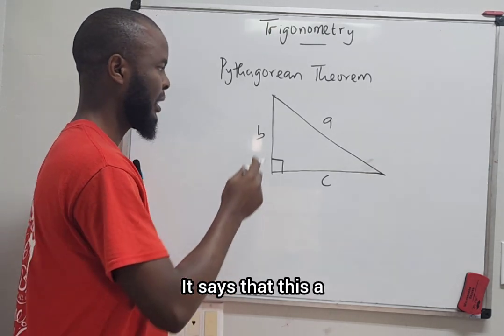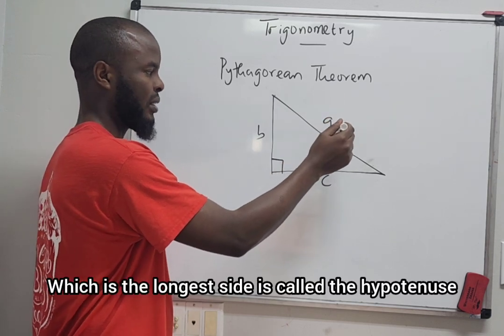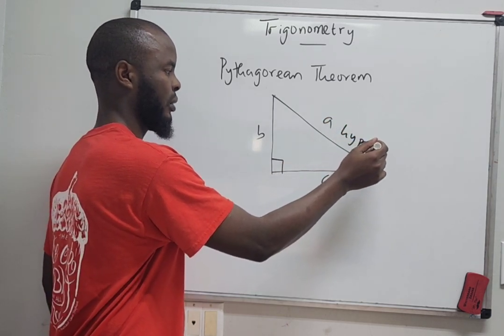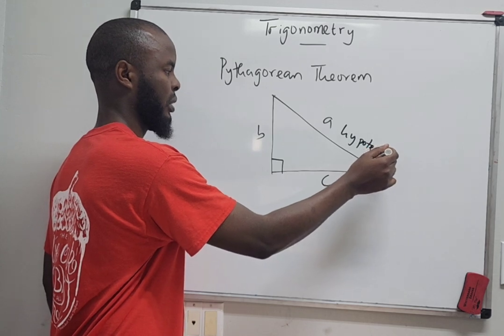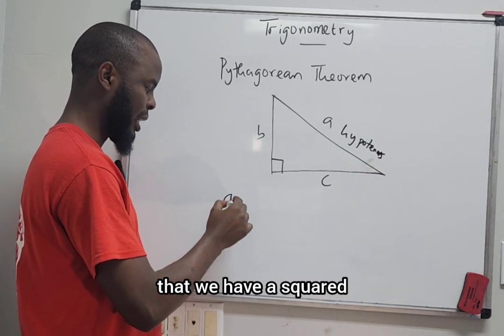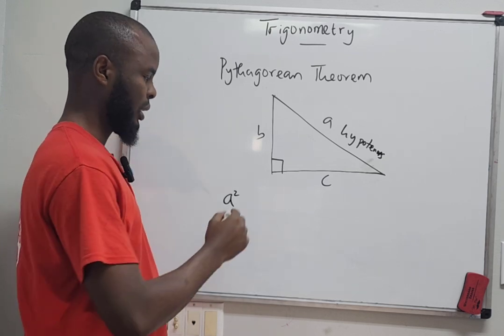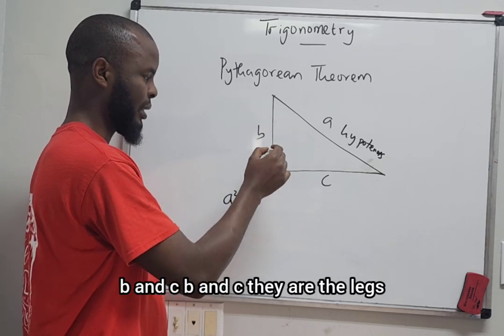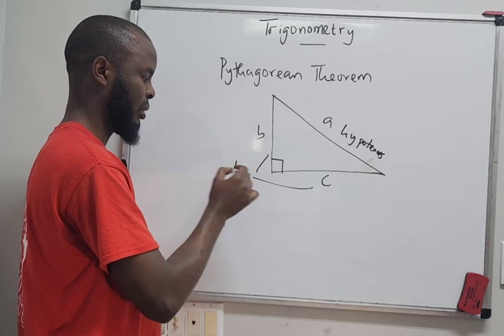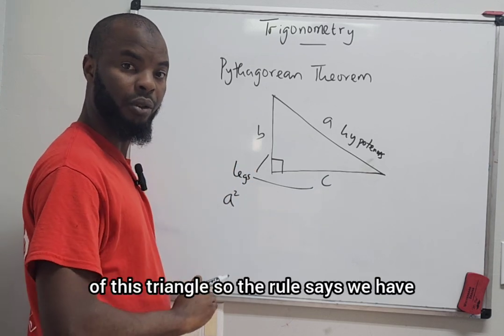Then what is the rule of the Pythagorean theorem? It says that this A, which is the longest side, is called the hypotenuse. So the rule says that we have A squared. B and C, they are the legs of this triangle.